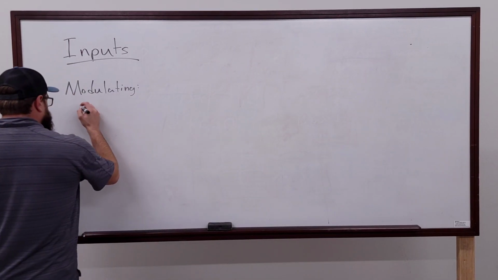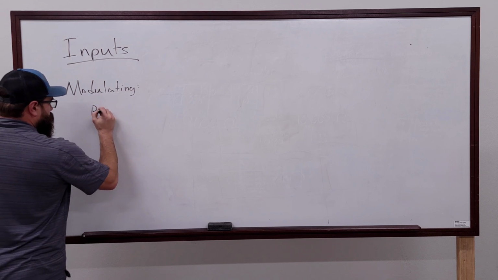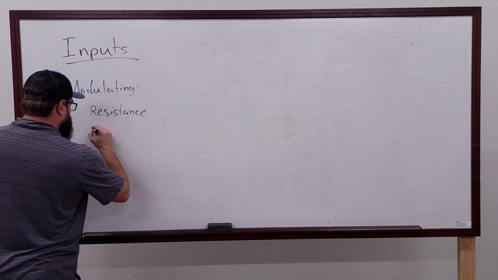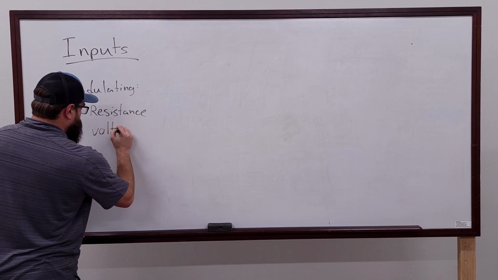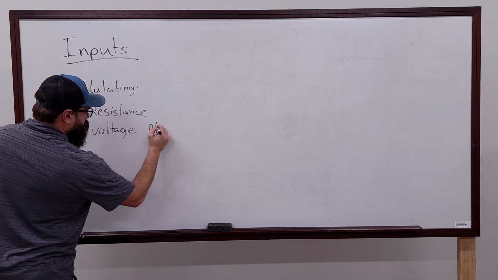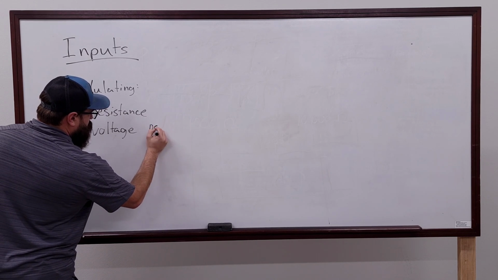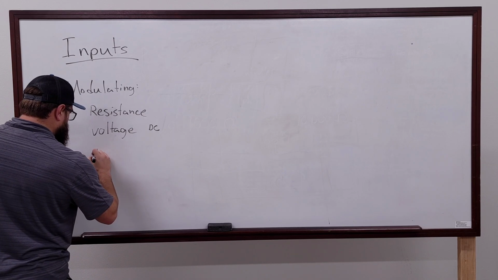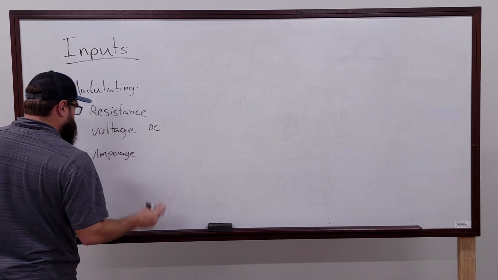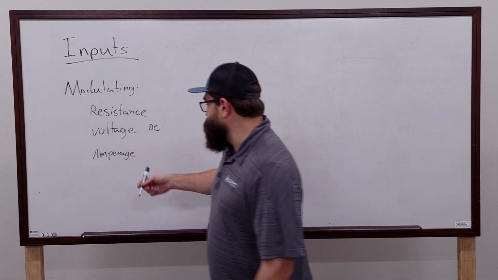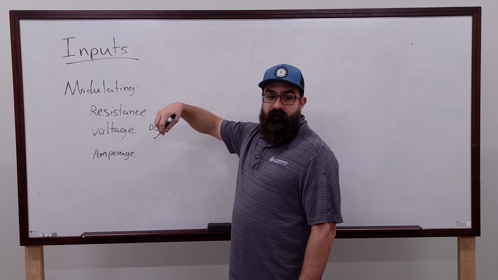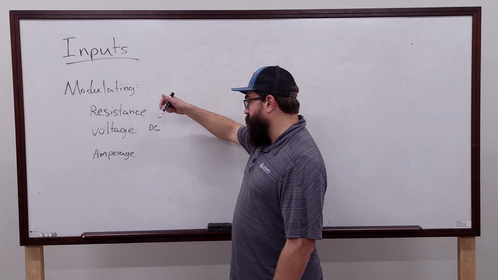So we have resistance, voltage, which is going to be DC, like a 0 to 10 or a 0 to 5, something in that range.